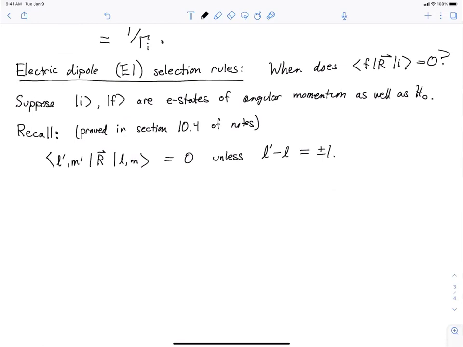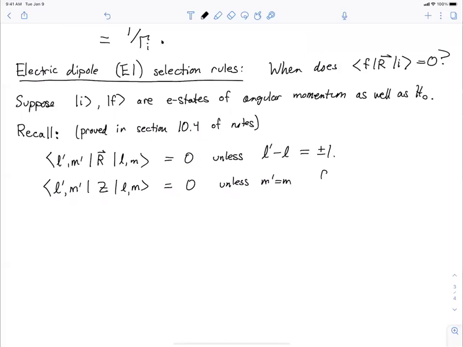Okay, and then more specifically, I can ask about different components of that. The reason I'm mentioning the different components is that in some sense they're easier to understand than the general one. So for example, the z component is 0 unless m prime equals m. One way of knowing why that's true is to think about this in terms of the spherical harmonics.